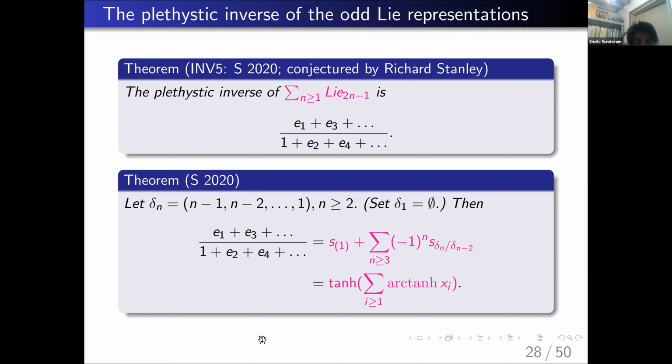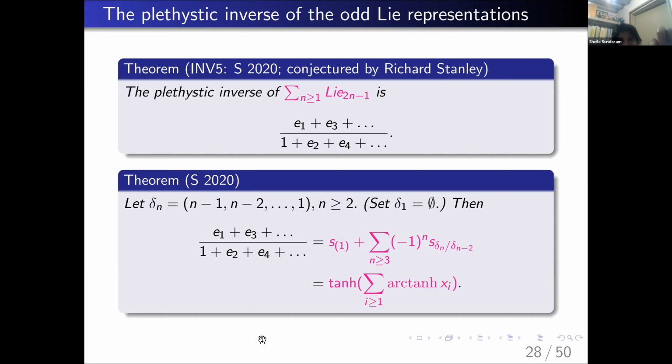Okay, so Richard Stanley had conjectured that the Plethystic inverse of the odd Lie representations is this strange looking symmetric function. So what are we doing? We're taking the sum of the odd e's on top and dividing by the sum of the even e's, right? Why you would think that's going to come out to be nice is beyond me.